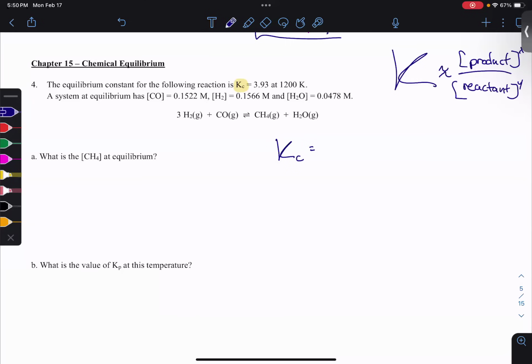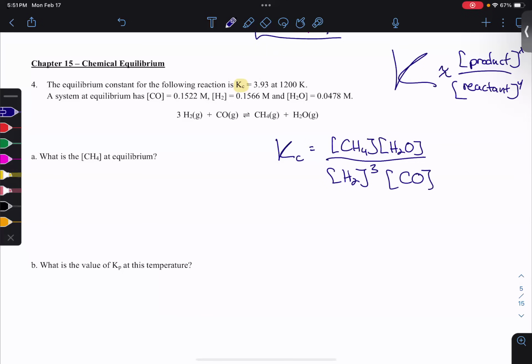It's products over reactants of everything that has a concentration. Everything here is a gas. Gases have concentrations. So this will simply be CH4 concentration times H2O concentration over H2 concentration, but this is to the third power, and then CO concentration.